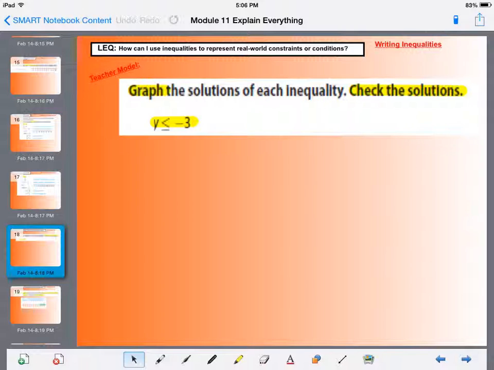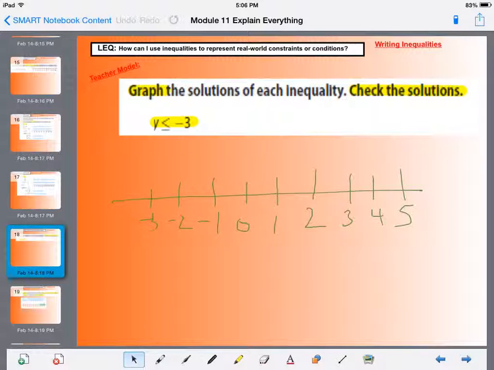In Module 11, we also learn how to graph solutions of inequalities. And so if we have a variable that's less than or equal to -3, we're going to go ahead and create a number line. I'm going to put 0 here, and I'm going to put my positive numbers on the right-hand side. I'm going to put my negative numbers on the left-hand side.